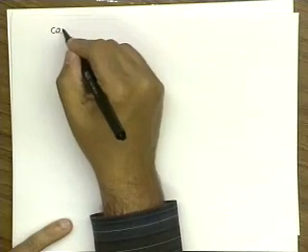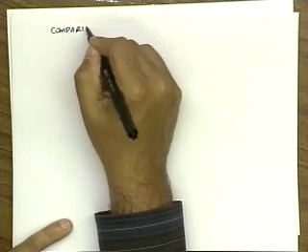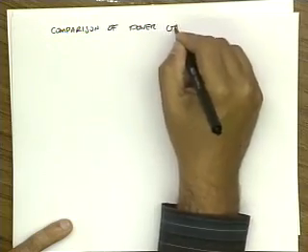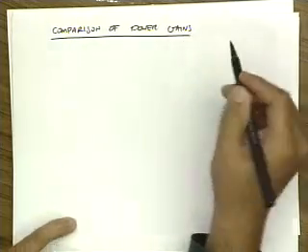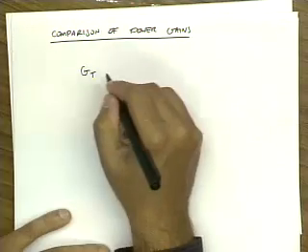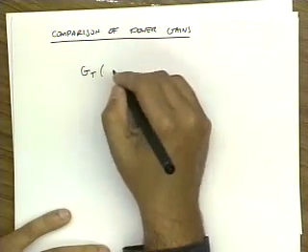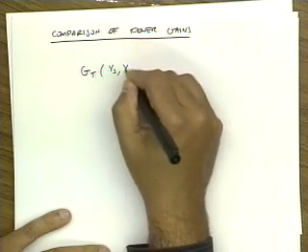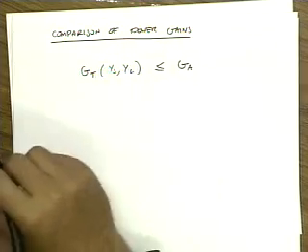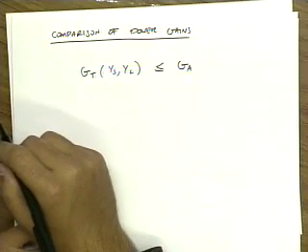Last lecture, we were comparing the various power gains. We first showed that the transducer gain, which is a function of both Ys and Yl, is always less than or equal to the available gain.